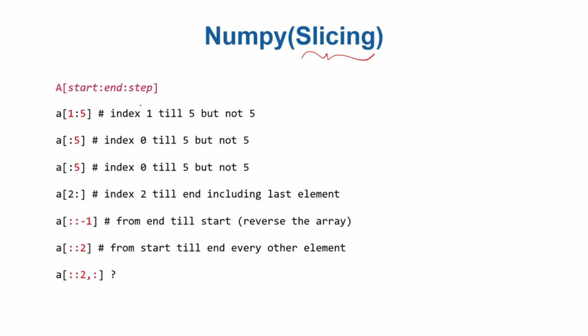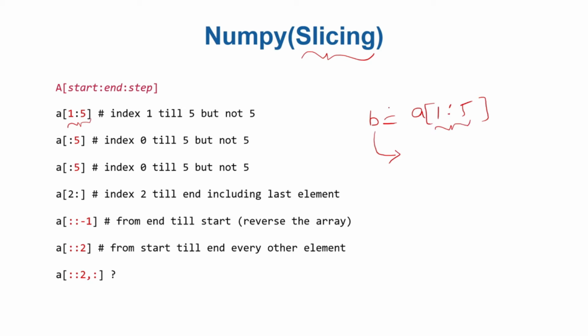The difference here in NumPy is, in a list, for example, if you slice, you get a copy. But let's say b equals a[1:5]. If you slice that in NumPy, then b is not a copy. It is actually accessing the same memory view as in a.